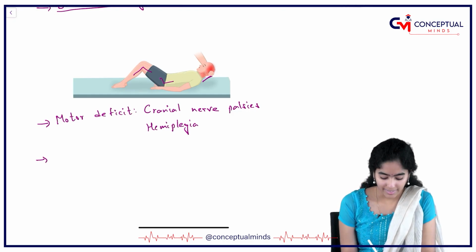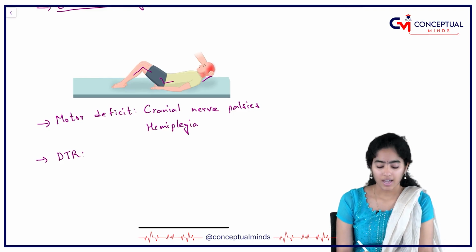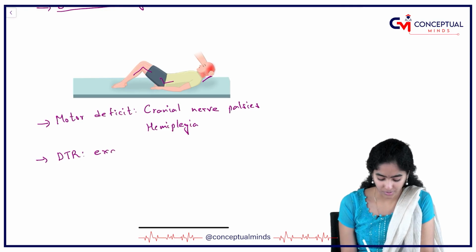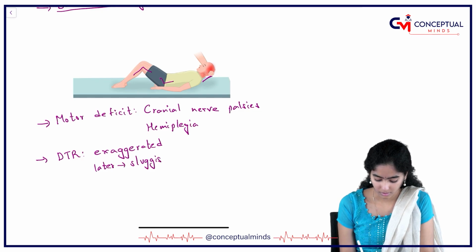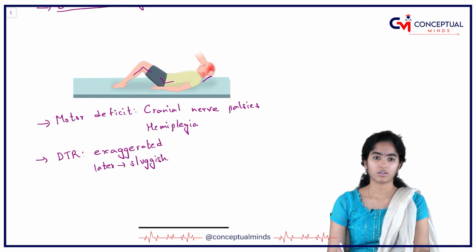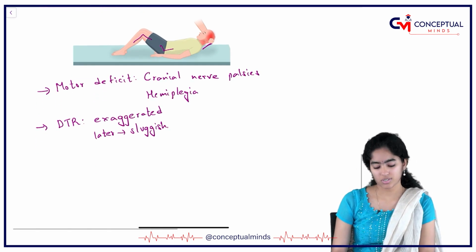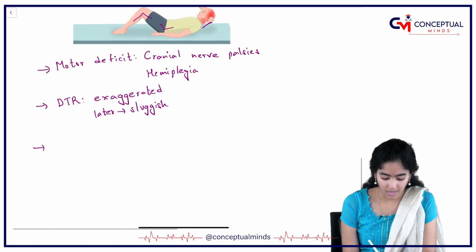Next, the deep tendon reflexes. Deep tendon reflexes are initially exaggerated, but later they become sluggish. And in later stages, we find papilledema in the eyes of the patient.